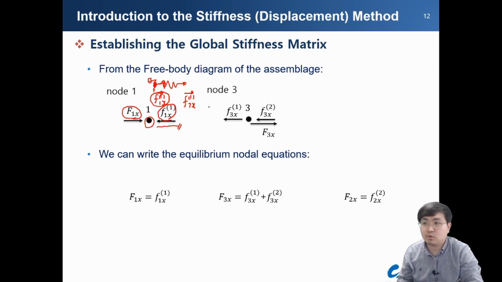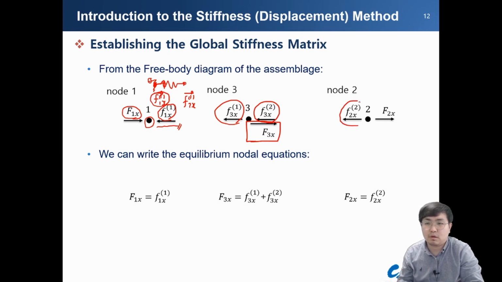At node 3, it has two local reaction forces on the left-hand side, and only one global force on the right-hand side. In a similar manner, the second nodal point also has a local force vector on the left-hand side, and on the right-hand side it has the global F2x force. So at each nodal point they must be in equilibrium.